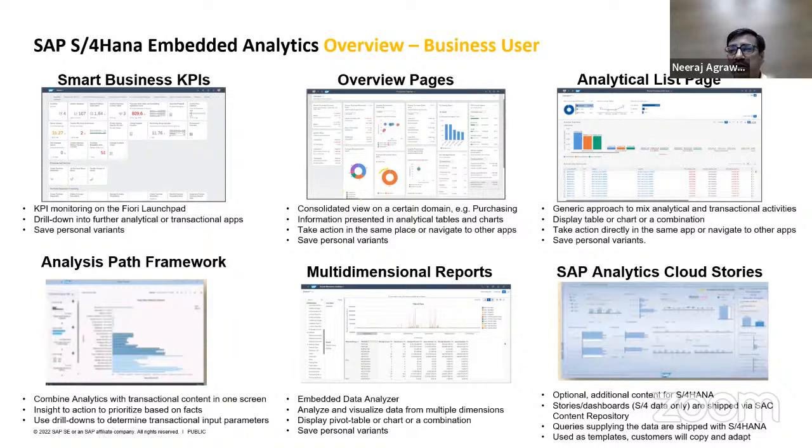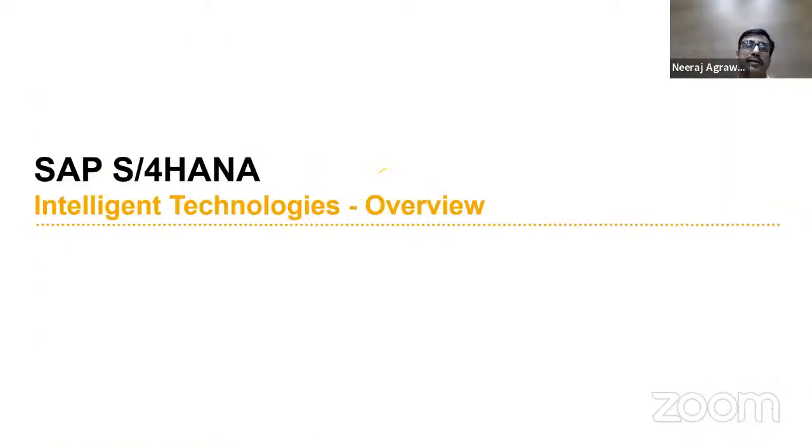And these contents in SAC are provided out of the box, so you don't have to create these stories. The contents are already available. You have to connect your systems to the SAC, and then you can just use the standard contents available and start seeing the reports. Very fast and easy to use.